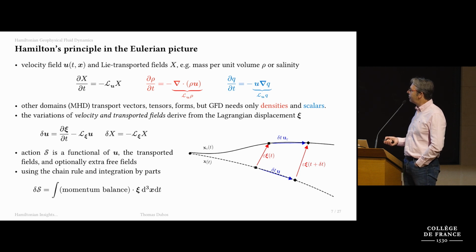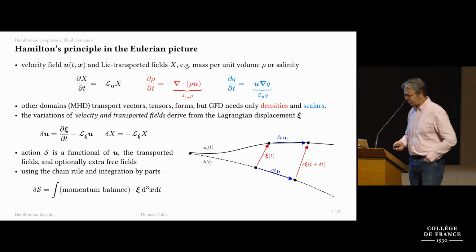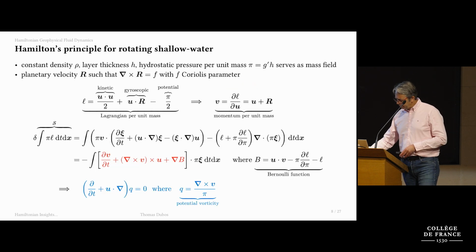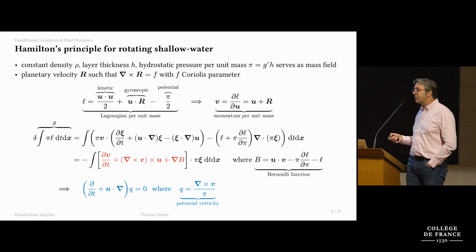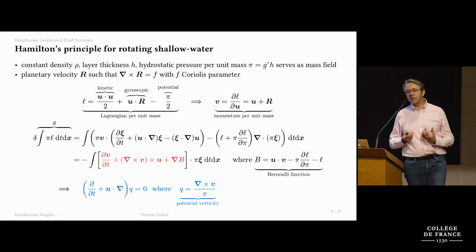And to formulate your least action principle, typically your action is an integral. I will show an example in the next slide. And then after some manipulations, you obtain the momentum balance. So I show that for the shallow water system. The shallow water system is like an archetype of geophysical fluid dynamics model.